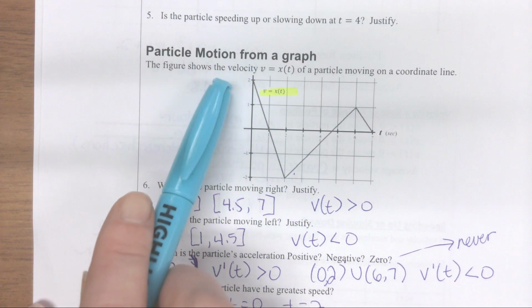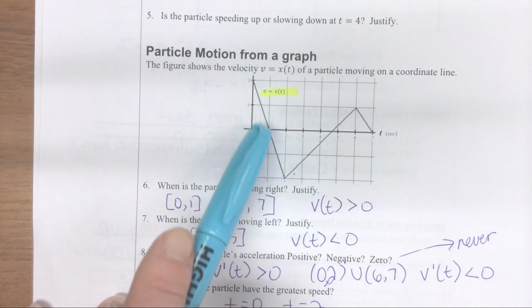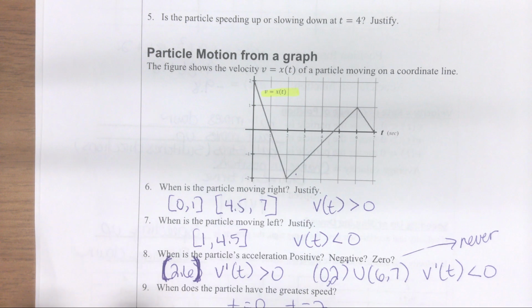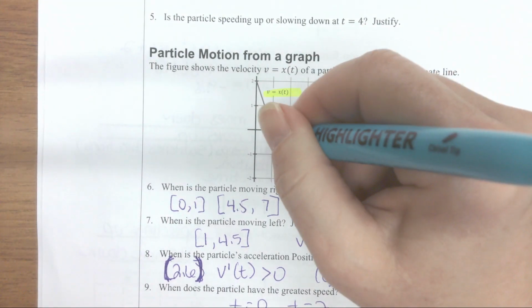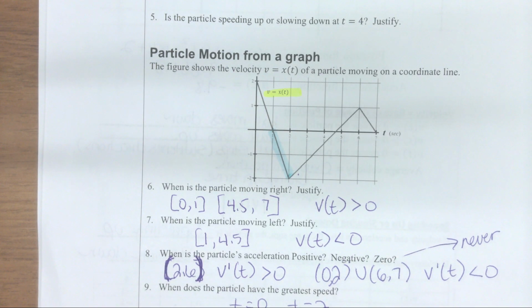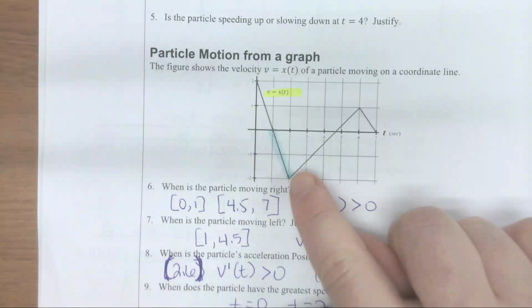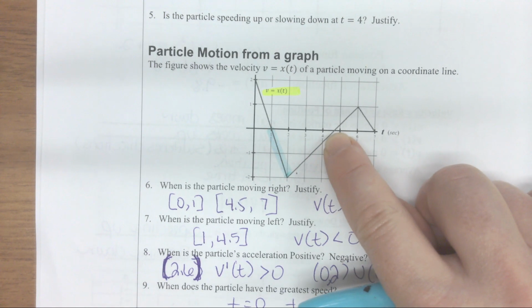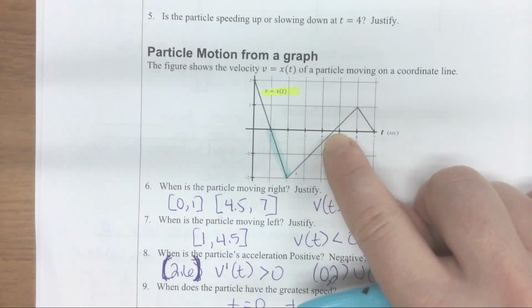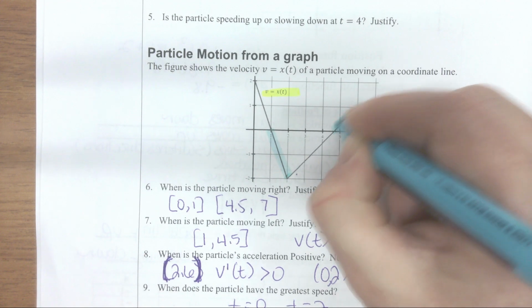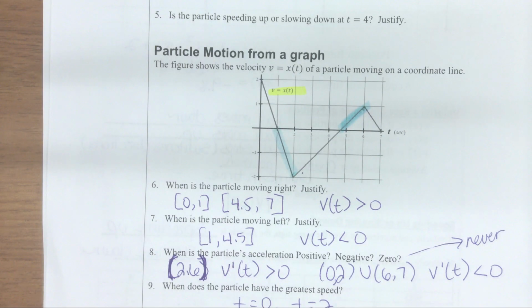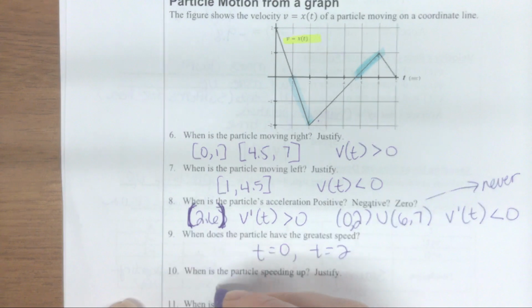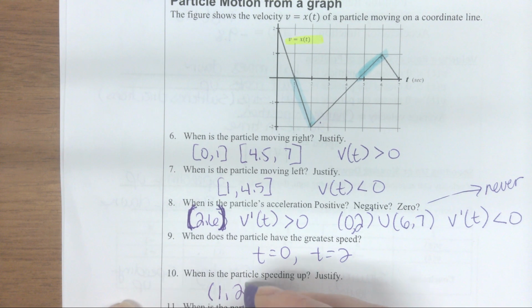Down here, the velocity is negative and the acceleration is negative, right? So that's a spot where the particle is speeding up. Let's find another one. Here, the velocity is negative, but the acceleration is positive, so not. How about right here? Yeah. So the particle is speeding up from 1 to 2 and 4.5 to 6.